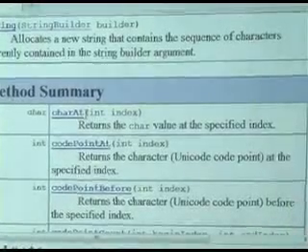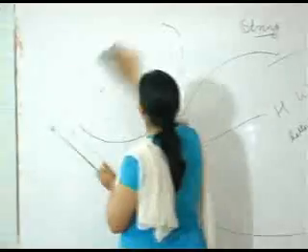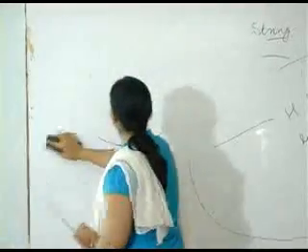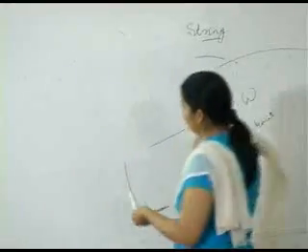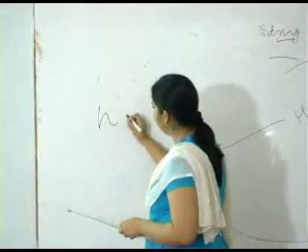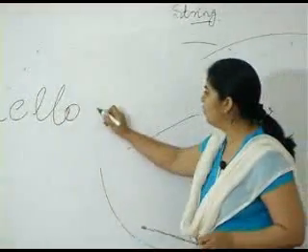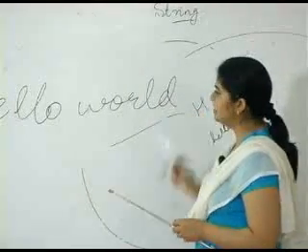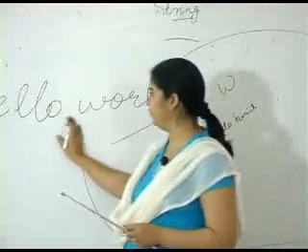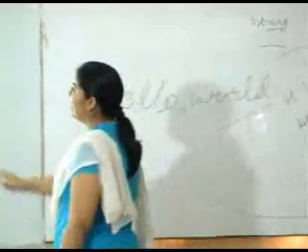I am going to write the string over here because this string would be very useful when we are going through all the methods. So here, I would say hello, H-E-L-L-O, hello, world, W-O-R-L-D. This is my string with a space over here. Okay. Now, the first one says char at.